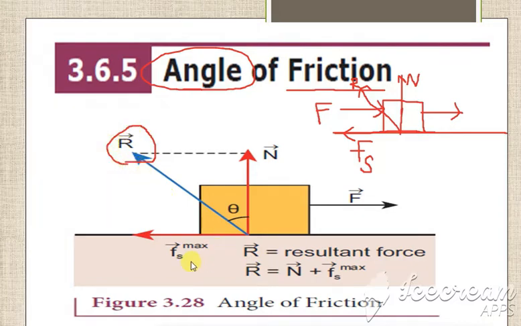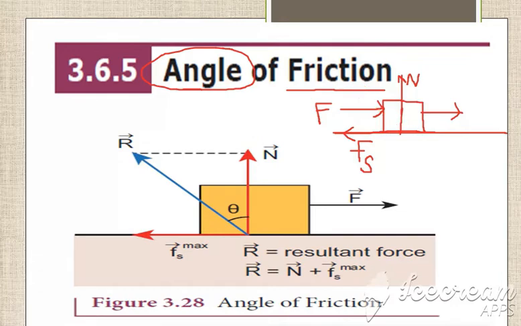The resultant is the resultant of this normal force and the static frictional force. And here we have an angle, and this angle is called the angle of friction. So from this we are going to state the definition of this angle of friction.